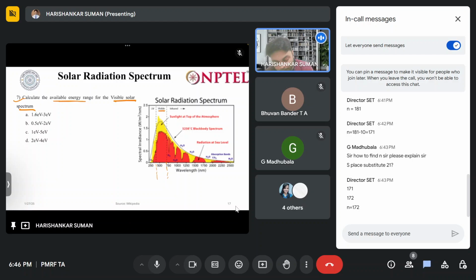Available energy. So you know the expression: E equals hc by lambda. Yes or no? Easy. And put in the constant value.